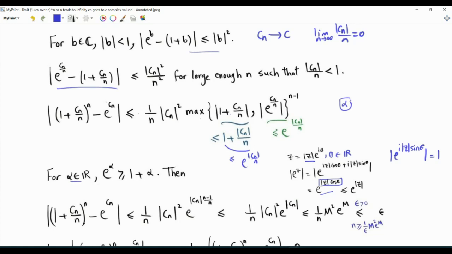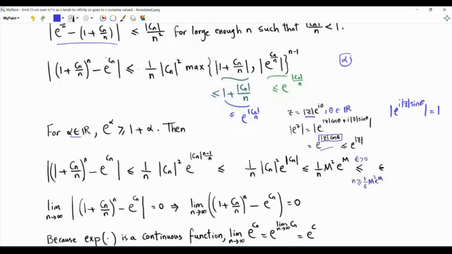And so rather than using this maximum, we can use e to the power of the magnitude of cn over n, and it's raised to n minus 1. And this can be upper bounded by e to the magnitude of cn because n minus 1 over n is less than 1.